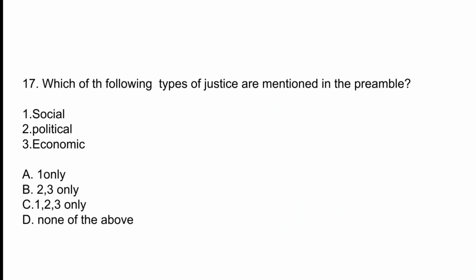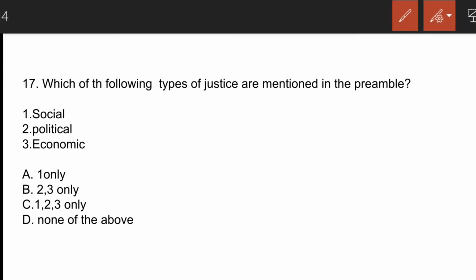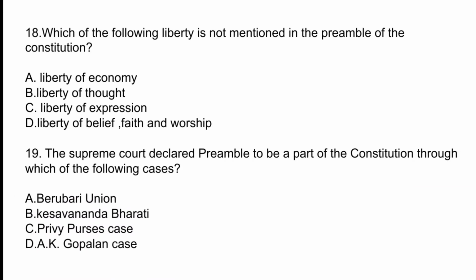Which of the following types of justice are mentioned in the preamble? Social, political or economic? Here, option C is correct. In the preamble, we find the mention of all 3 types of justice, that is social, economic and political. Moving on to the next slide.